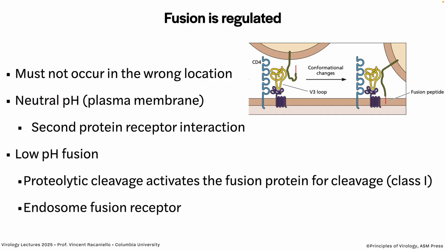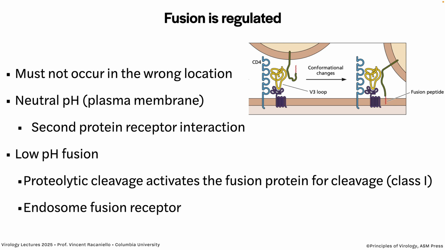Okay, so remember, fusion is regulated. If you remember anything from today, fusion is regulated because it can't happen in the wrong location. It can occur at neutral pH at the plasma membrane, where you need a second protein to regulate fusion. Remember, a receptor protein will help change the conformation to allow the fusion protein to be exposed. So at neutral pH at the plasma membrane, the second protein interaction is regulating fusion.